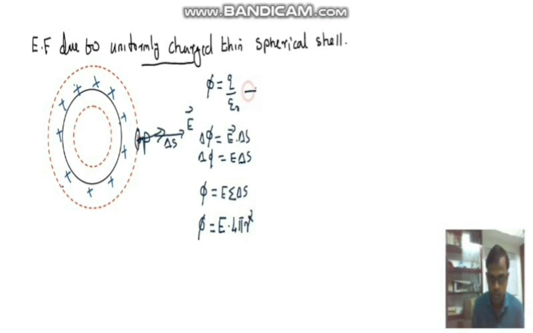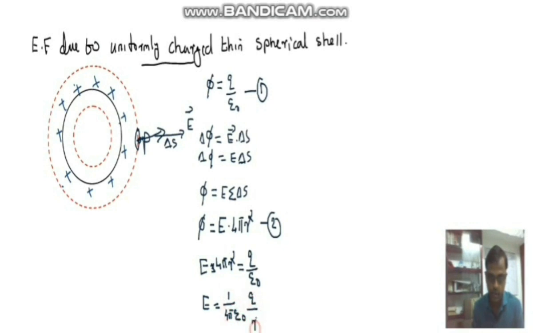See equation number 1, Gauss theorem, and here the flux formula. Substitute in this equation, the left hand sides are equal. So you can write the electric field E into 4 pi r square, which is equal to Q divided by epsilon 0. So what is the electric field? E is equal to, if you take the 4 pi r square to the right side, 1 divided by 4 pi epsilon 0 into Q divided by r square.